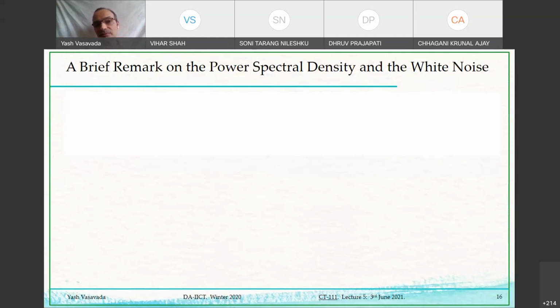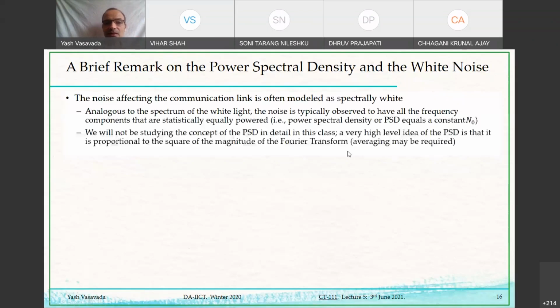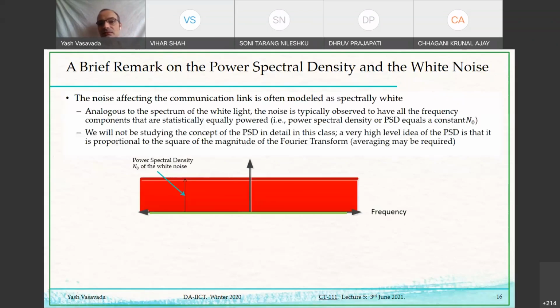If I move this filter to another frequency and again record the power coming out of the filter, it will be the same as what I got at the first frequency. That is the concept of power spectral density. And for white noise, just like for white colored light, this power spectral density is constant.